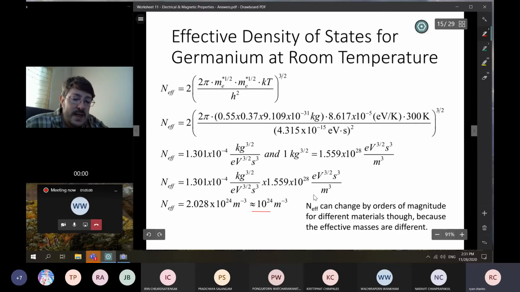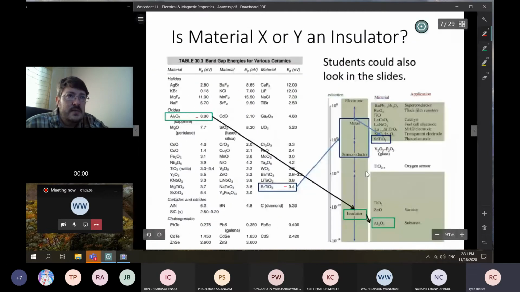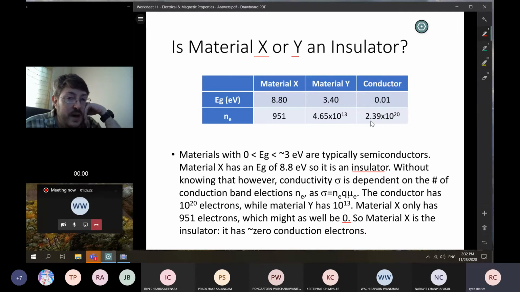So if you didn't realize that, and you started trying to calculate numbers like this just based on band gap energy, it'll show you a trend, but the numbers aren't necessarily accurate because that density of states is also a variable for each and every material.